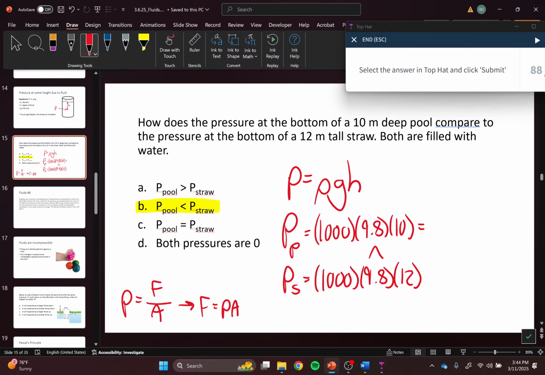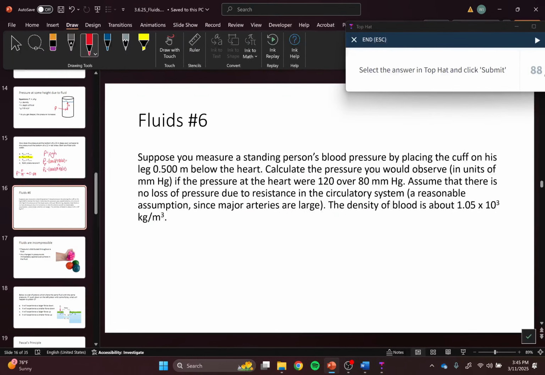This force is spread over the entire bottom. It's not focused at one point. The total force on the entire bottom of the pool is much larger than the total force at the bottom of the straw. That makes sense. A pool's really heavy when it's filled with water. But the pressure is not dependent upon that. So, anyway.